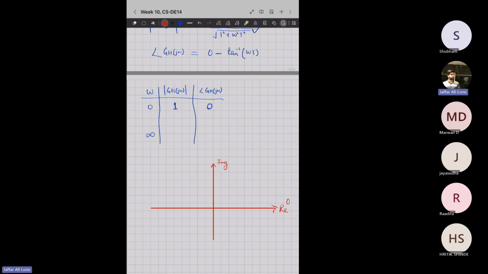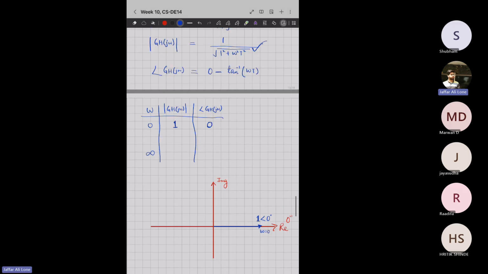This is the 0 degree line, so the point will be here. So it's 1 angle 0, for omega equal to 0. I got this point.